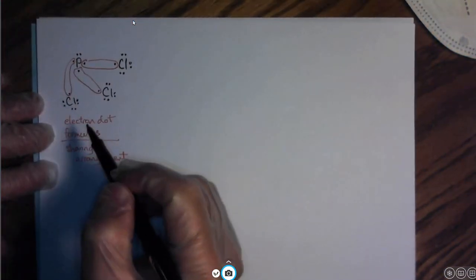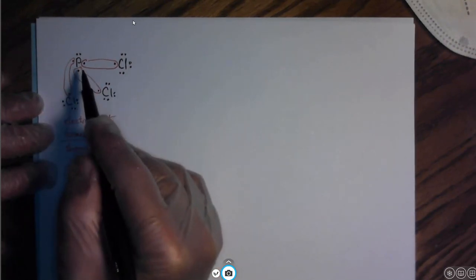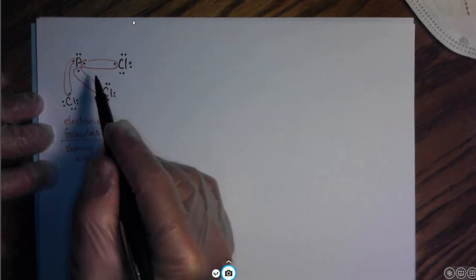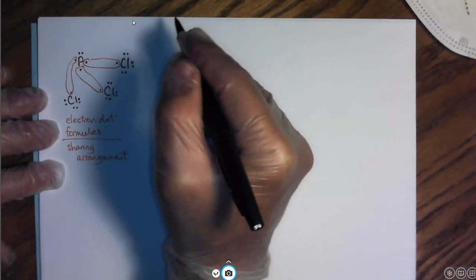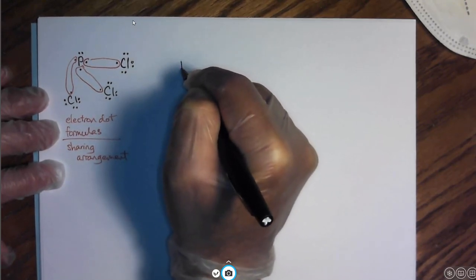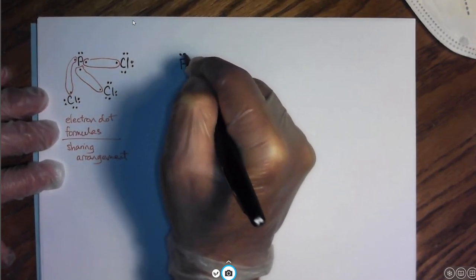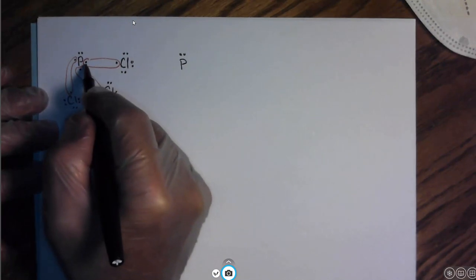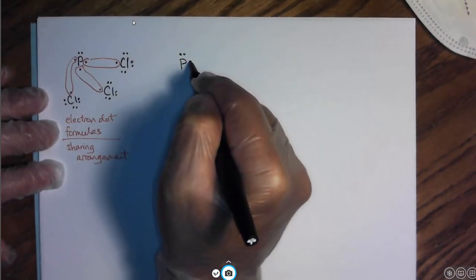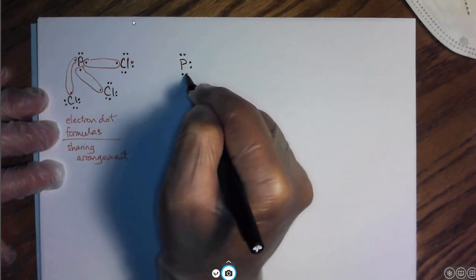So we've got the electron dot formulas, that's the black part of this. And we've got the sharing arrangement, that's the circling part of this. From that we do the Lewis dot formula. So I've got a pair of electrons that are lone pairs on the phosphorus, and I have a shared pair here and a shared pair here and a shared pair here. So I'm going to put those here and here and here.